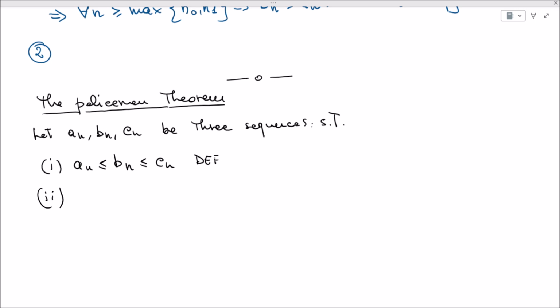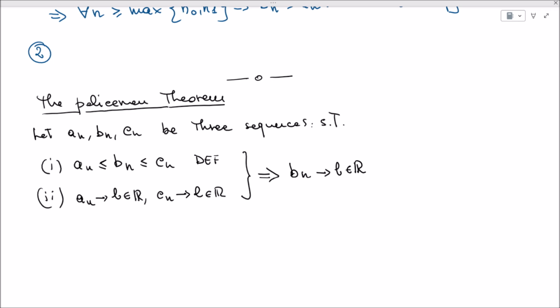The second condition is that an tends to a real limit L, and also cn tends to the same real limit L. Then from these two we can say that bn, which is the sequence in the middle, will also be convergent to the same real limit L.